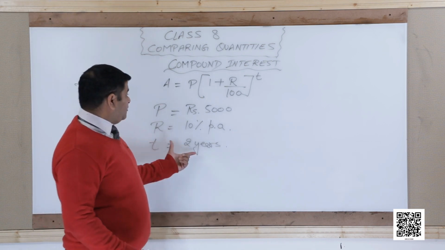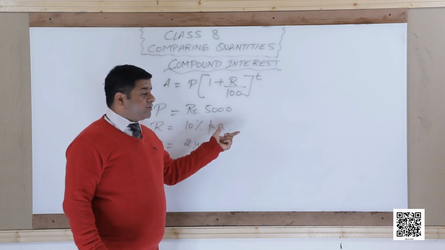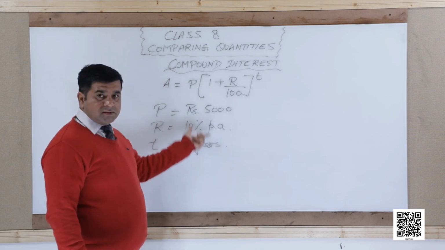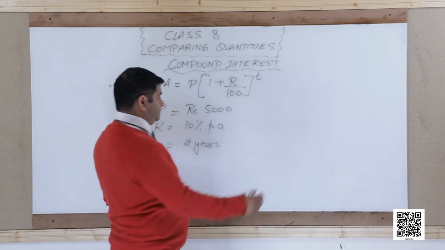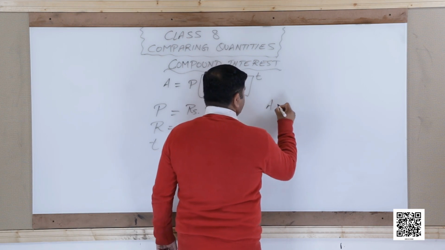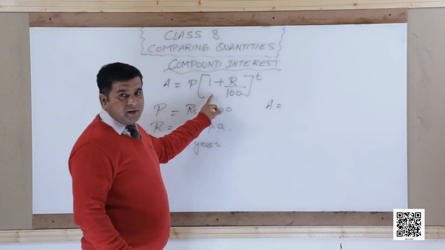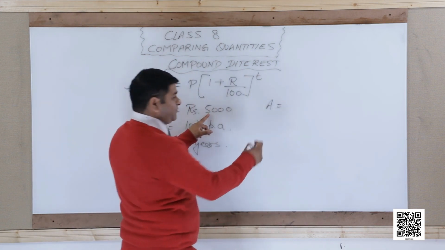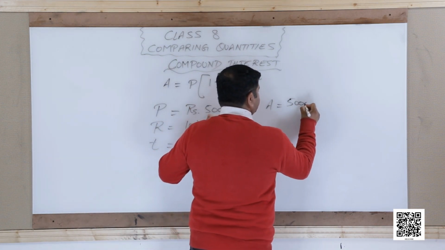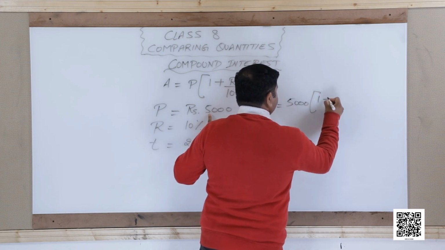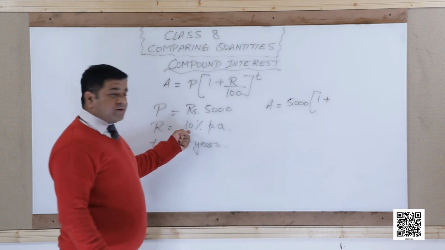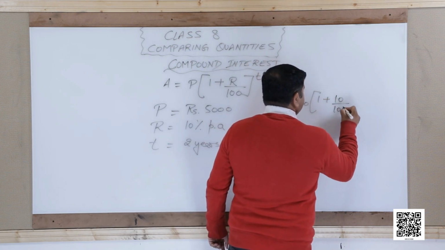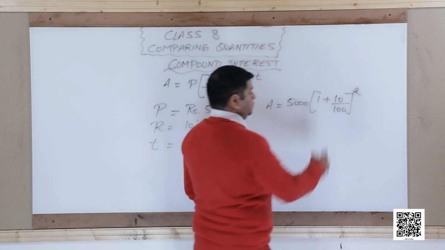Now we have to find the compound interest or say the amount for this deposit. The formula for amount is P into 1 plus R upon 100 raised to power T. So P is 5,000 into 1 plus R. R was 10% upon 100 raised to power T, that is 2.